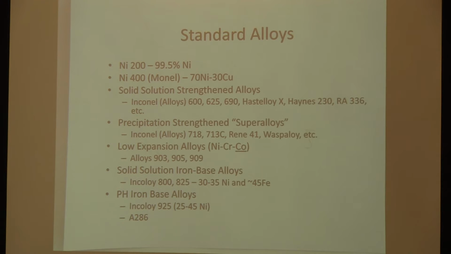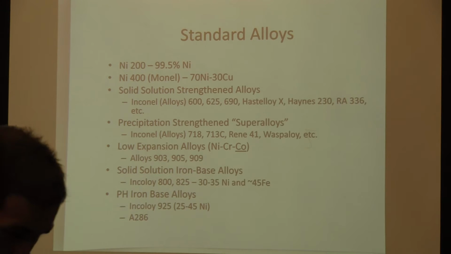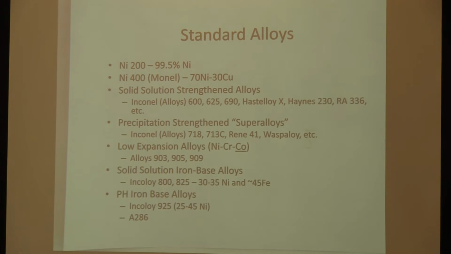Some you may hear of are Inconel alloys 600, 625 or 690. They used to be called Inconel; now the patents have run out and they're just called Alloy 600 and Alloy 625, etc.